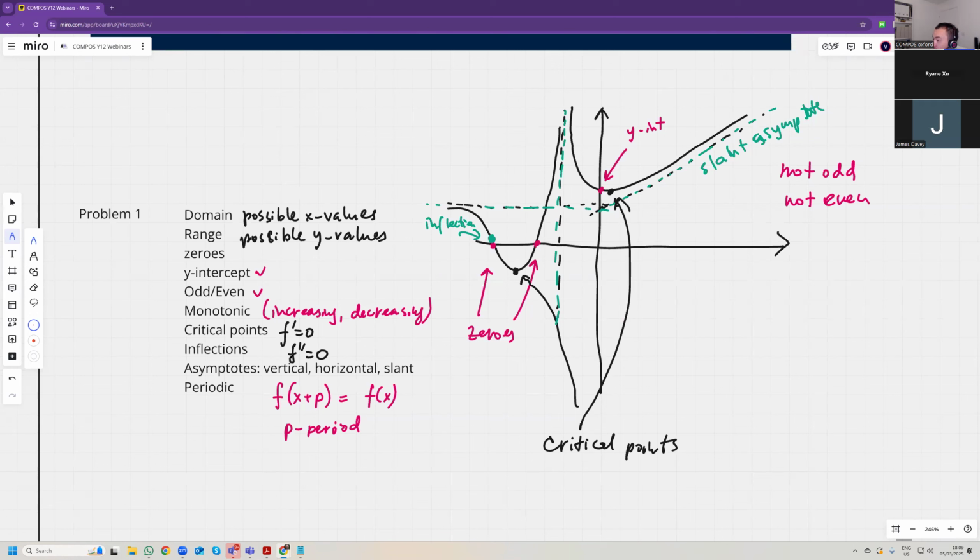Now, of course, modern technology is such that you can draw any graph in seconds using Desmos or any other software. But the analysis itself, it's not a very practical task to draw a graph.